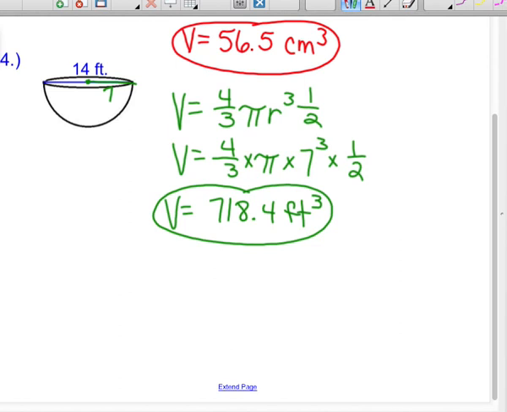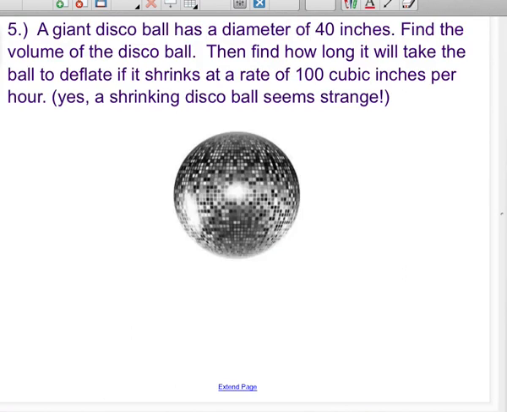This last one is a word problem, and it talks about, of all things, a disco ball. It says, a giant disco ball has a diameter of 40 inches. Find the volume of the disco ball, then find how long it would take the ball to deflate if it shrinks at a rate of 100 cubic inches per hour.